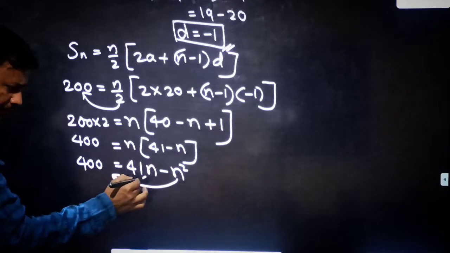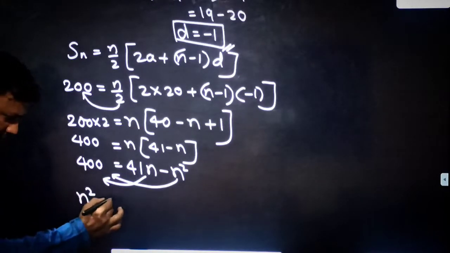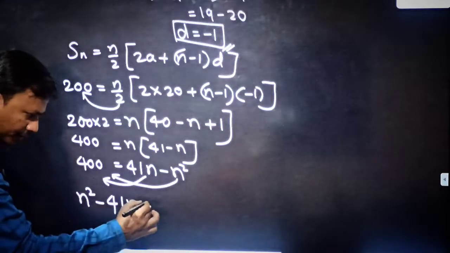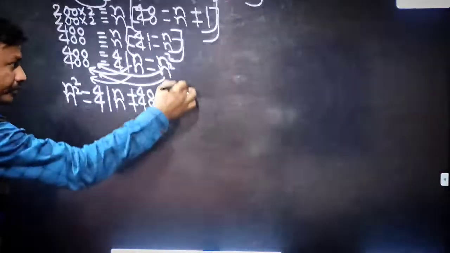So n square minus 41n plus 400 is equal to 0.